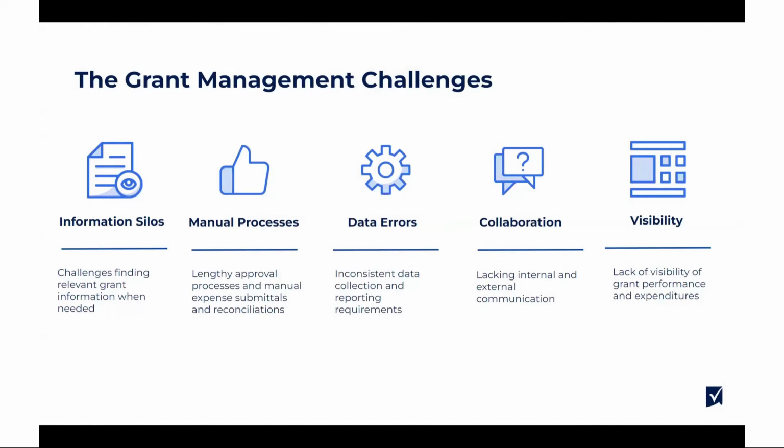So when we think about grant management, some of the challenges that we often hear from customers are around information silos. Everything lives in different systems. Budget is in one place, deliverables are another, progress tracking is another place. Everything is done manually. A lot of updates, a lot of email and copying and pasting. That leads to data errors, where things are sometimes pasted incorrectly or have typos.